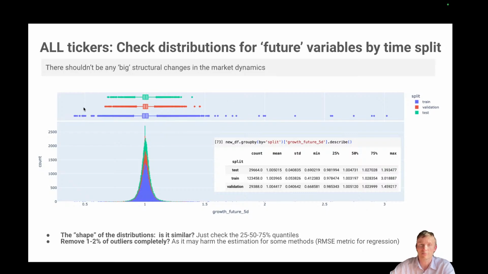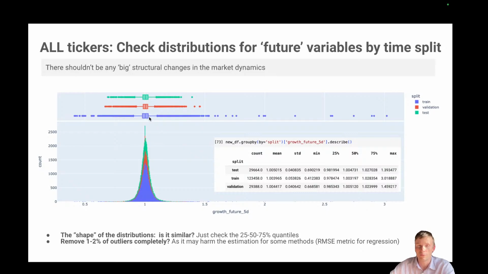The train set was much wider, but it can be a reverse picture as well. So that train data set never saw the cases when stock was growing quickly, and it will never predict at the test set the high growth numbers.